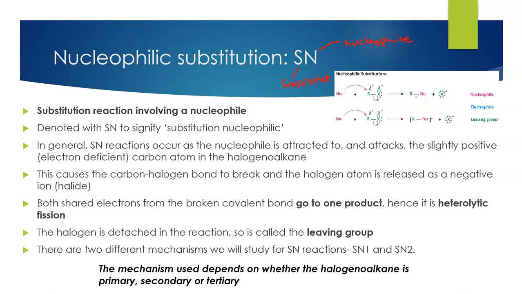Both shared electrons from the broken covalent bond are going to one product, so it's heterolytic, and the halogen is detached, and because it is leaving the main molecule, we refer to it as the leaving group.